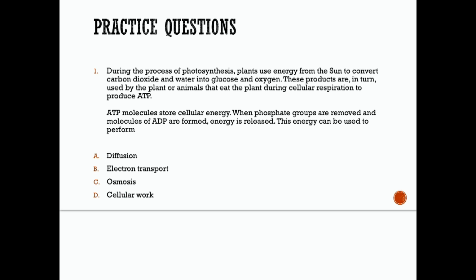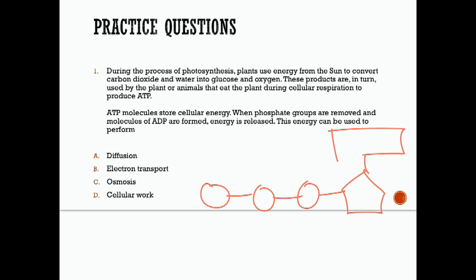cellular work? So when a phosphate group is removed from an ATP molecule, and I'm not sure if we talked about that or not, but you've got these phosphate groups on your ATP molecule. Remember, we did a simple picture, okay? When one of those phosphate groups is removed, that's when energy is released and can be used.